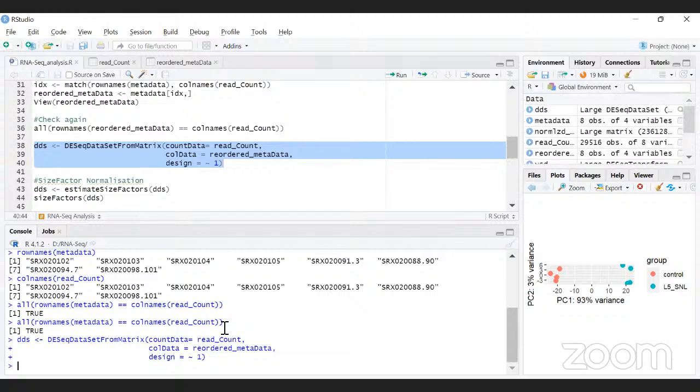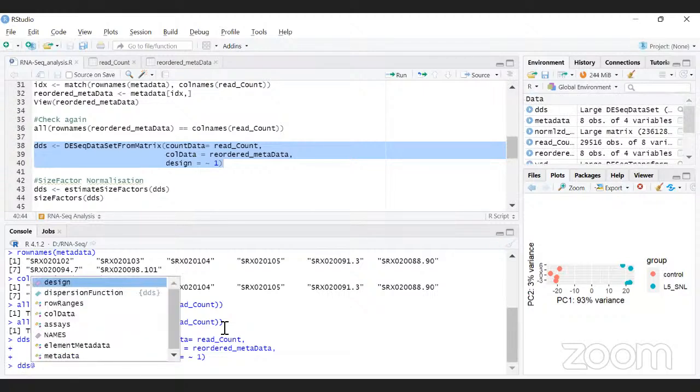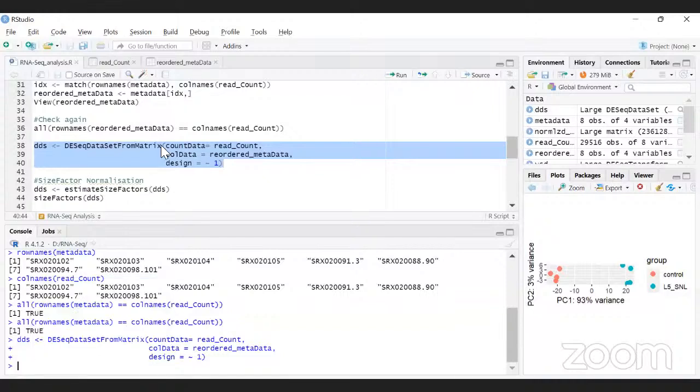So this creates a data object. The main thing here is something called design. In design, if you're doing an exploratory data analysis, you would not want to give any information. The information here is the metadata file, but it is only used for annotation.